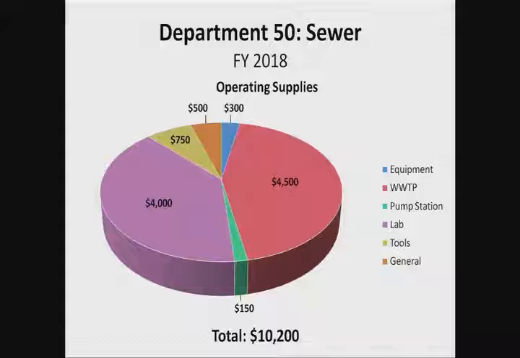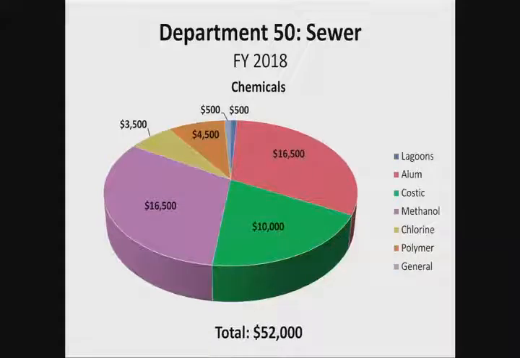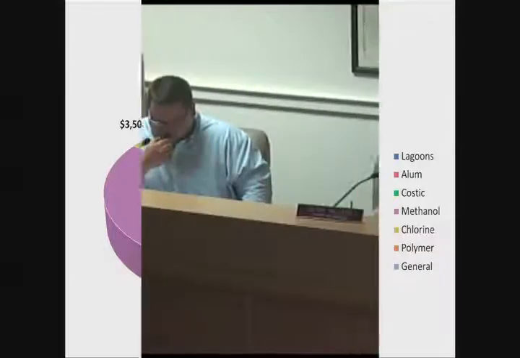Next line item to point out is 6150 chemicals. We sat down with Mr. Fissel, and Kathy can explain the chemicals. I know that's mostly to do with the new treatment plant. Right. If we look historically, the audited for 2016, we spent 44,000 in chemicals.